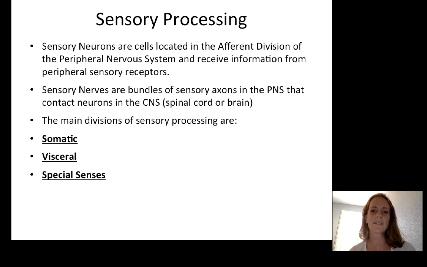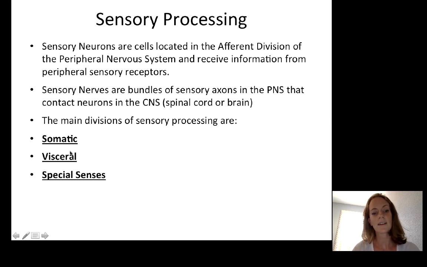The afferent division of the peripheral nervous system will receive information from sensory receptors. Sensory nerves then are bundles of sensory axons in the peripheral nervous system that will contact neurons in the spinal cord and brain. We have major divisions of sensory processing.